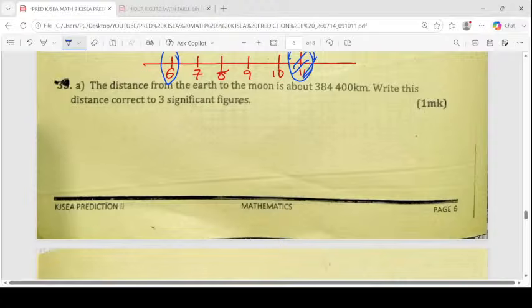Then zero may or may not be significant. If 0 is found at the beginning of a number, then it is not significant. But if found at the end of a number, then it becomes significant.